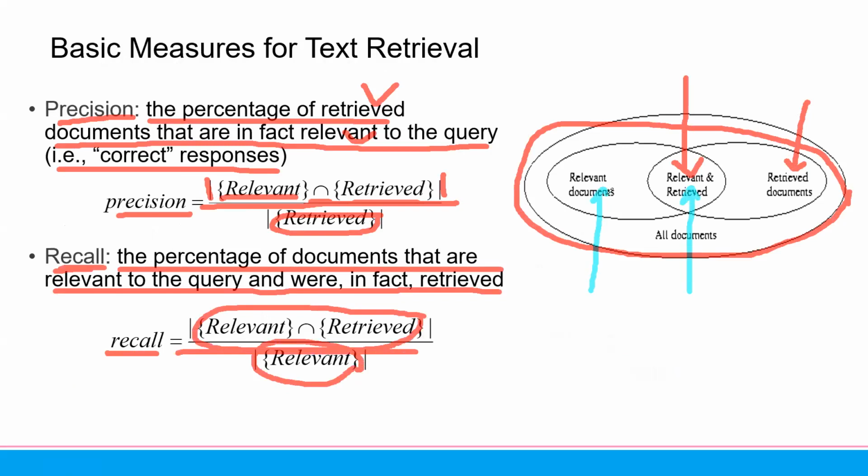You need to see this in a different way. We call this recall if we check the relevant and retrieved based on the relevant documents, and we call this precision if we check the relevant and retrieved divided by the retrieved documents.